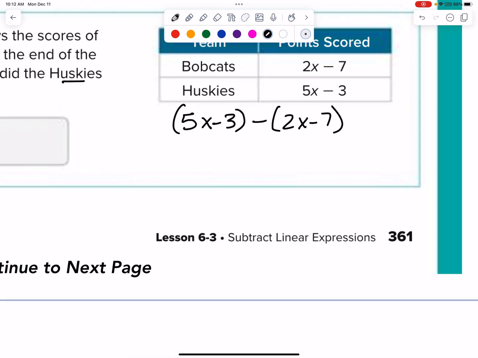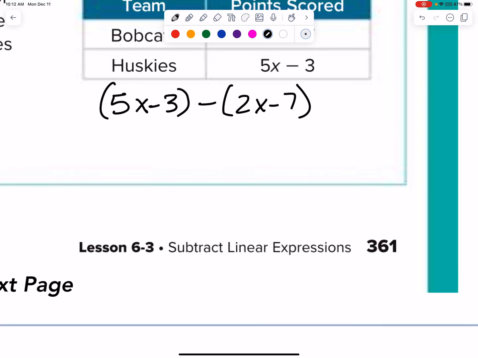So let's follow our same process. KFC inside of the quantities first, then do your big KFC. Now we can combine like terms. We have a 5x and a negative 2x. We have a negative 3 and a positive 7. It's not fractions, so this is sort of nice.